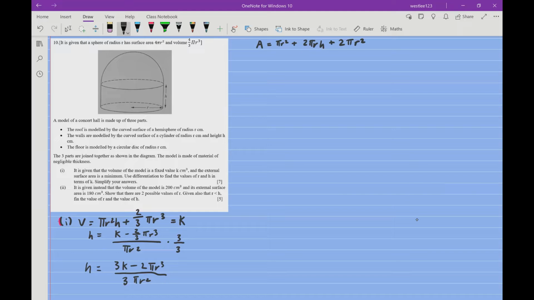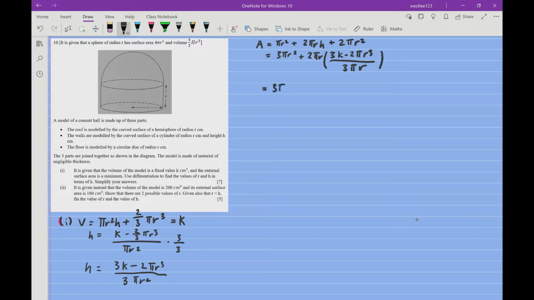This is the surface area of the hemisphere. All right. So we put them together. We have 3 pi r squared plus 2 pi r h. But from the earlier working, we know that h is this. Okay, so you can replace h with this expression.